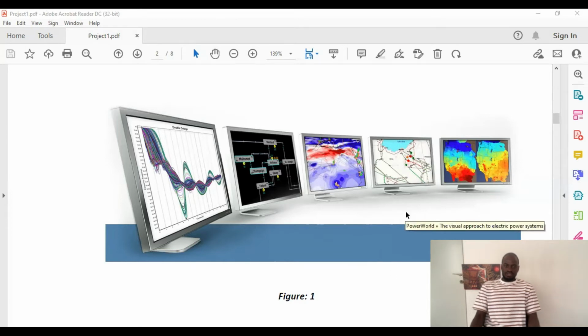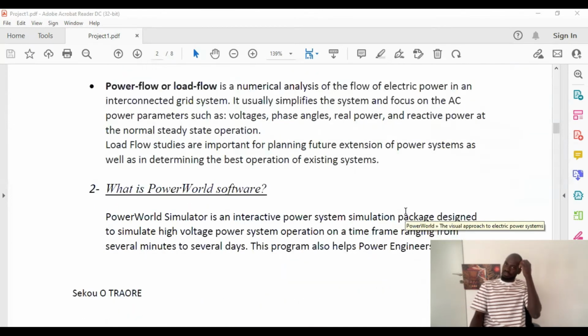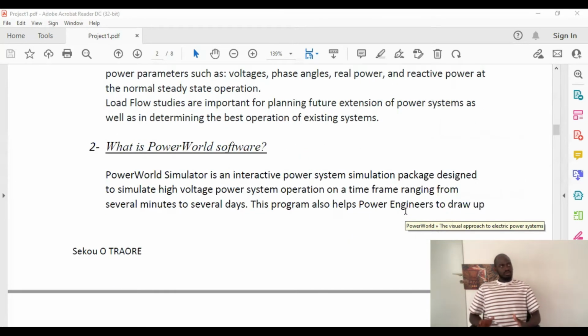So let's try to understand what power flow is. Power flow is a numerical analysis of electrical power in an interconnected grid system. It usually simplifies the system and focuses on the AC power parameters such as voltage angle, voltage, and reactive power at normal steady-state operation. Load flow studies are important for planning and also for extending a new network.